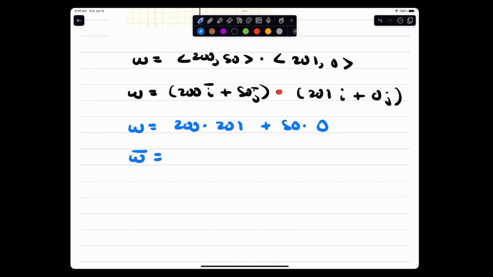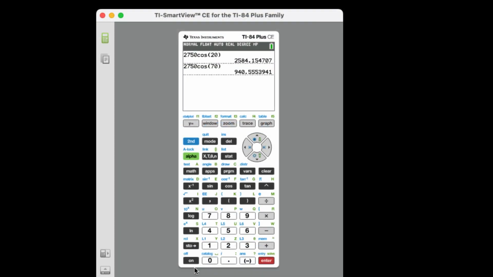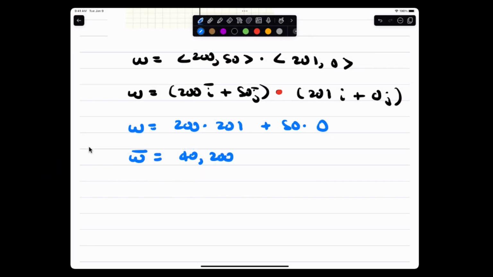And so this is a lot of work. Pardon the pun. 200 times what? 201. That's going to be 40,200. And again, we're going to use foot-pounds here.